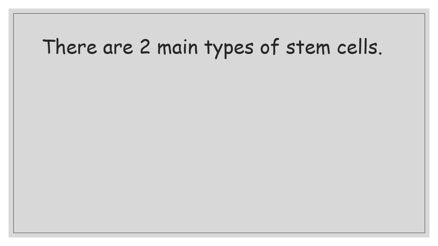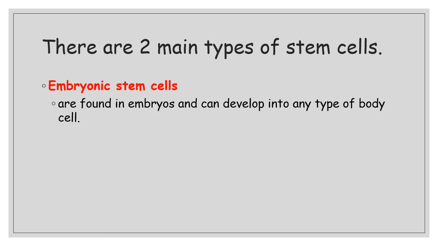There are two main types of stem cells that we're interested in for National 5 Biology, the first being embryonic stem cells. As the name suggests, they can be found in early embryos and they can develop into any type of body cell. Once we have fertilisation, a sperm meeting an egg successfully, we've got 46 chromosomes within a human, and that cell will spend its first few days replicating until it becomes a rather large ball of cells.